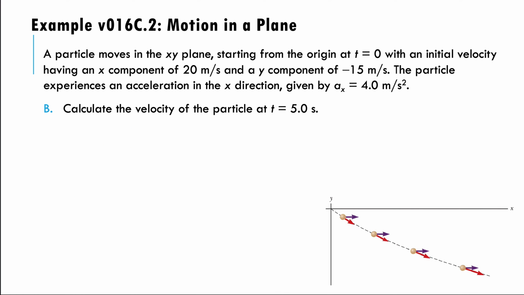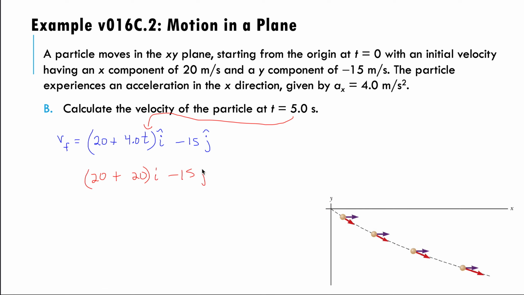Let's take a look at part B. It says calculate the velocity of the particle at time equals 5 seconds. So all we have to do for this one is plug in the time, the 5 seconds, into the equation that we just found. I have it written here already. Now we just have to plug in 5 for the time here. So we're going to have 20 plus 4 times 5, which is 20, i minus 15j.